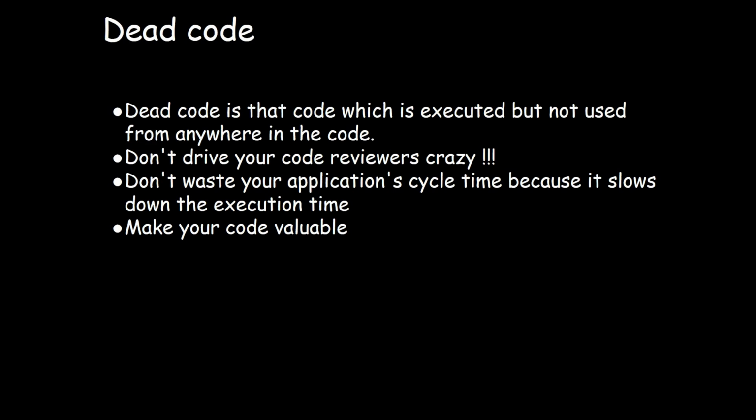Well, in my case, when I review some of the code from my students, I sometimes go crazy. Don't waste your application cycle time because it slows down the execution time. Definitely. If you are writing 10 different variables and 5 different methods which don't actually need to execute, the execution time is delayed by those extra codes which are not used anywhere in your method or class.